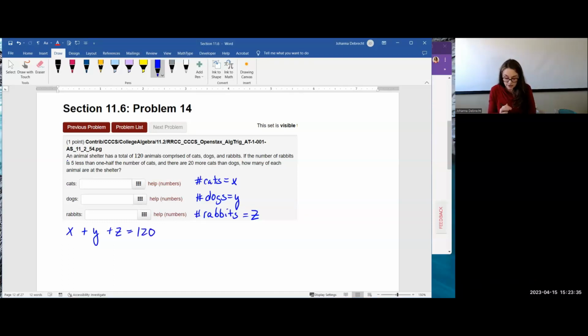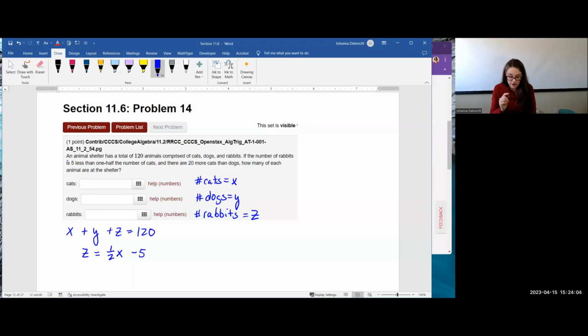Now the next sentence reads, if the number of rabbits, what is the number of rabbits? Z. So I'm going to write that down. Z equals 5 less than, that's something minus 5, 1/2 the number of cats. Well, the number of cats is x, and 1/2 of that would be 1/2 x, all right?